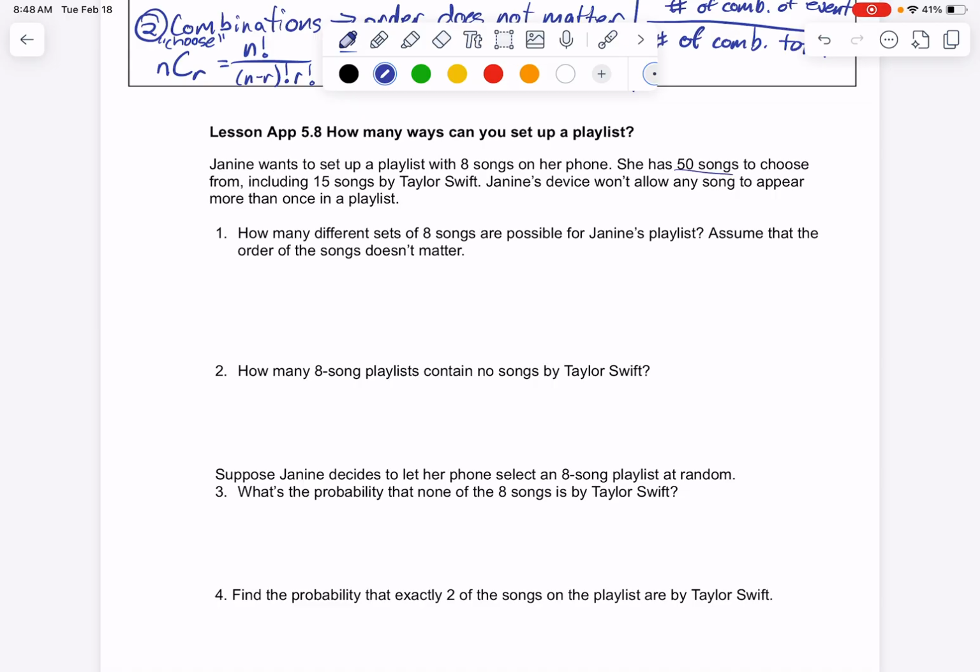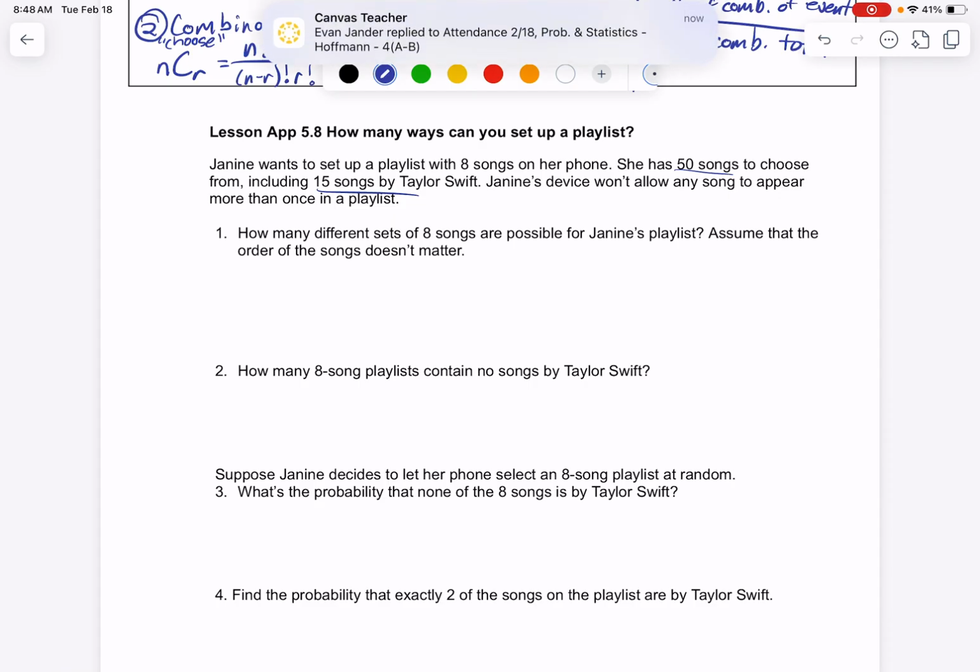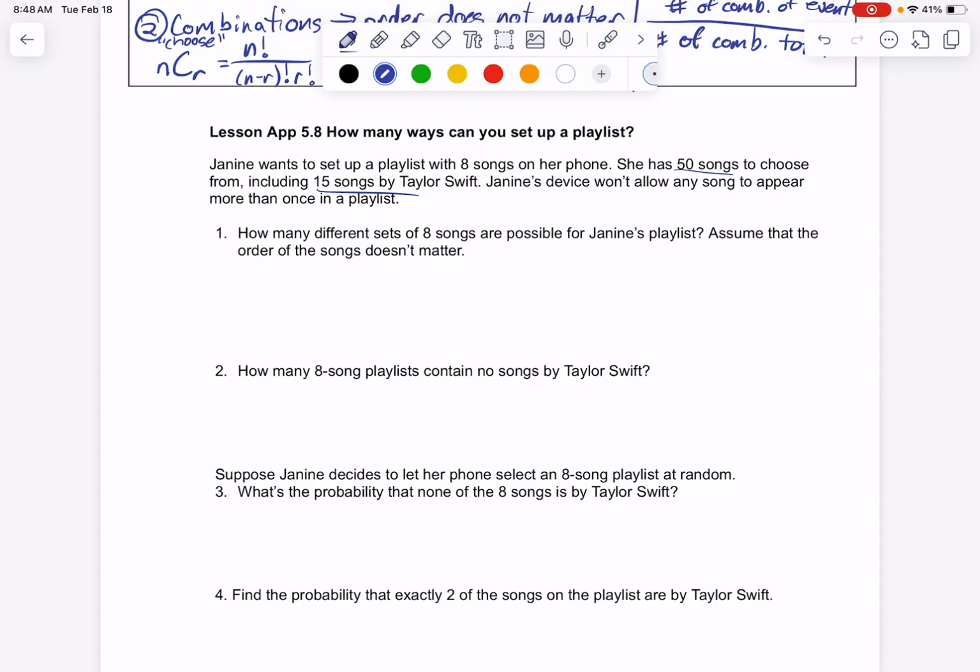She has 50 songs to choose from. 15 are by Taylor Swift. How many different sets of 8 songs are possible for Janine's playlist? We're going to assume that the order of the songs does not matter. So, if the order does not matter, that means we're going to use a combination. So that means she's saying a playlist is not different if one of the songs is at the beginning of the playlist than if it's at the end of the playlist.